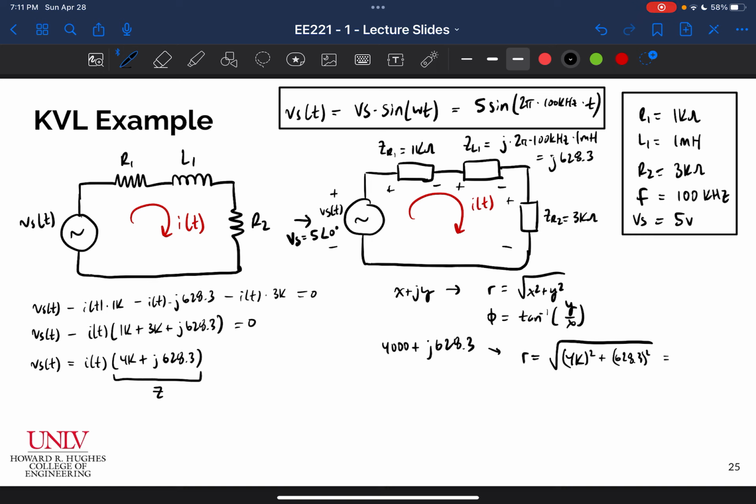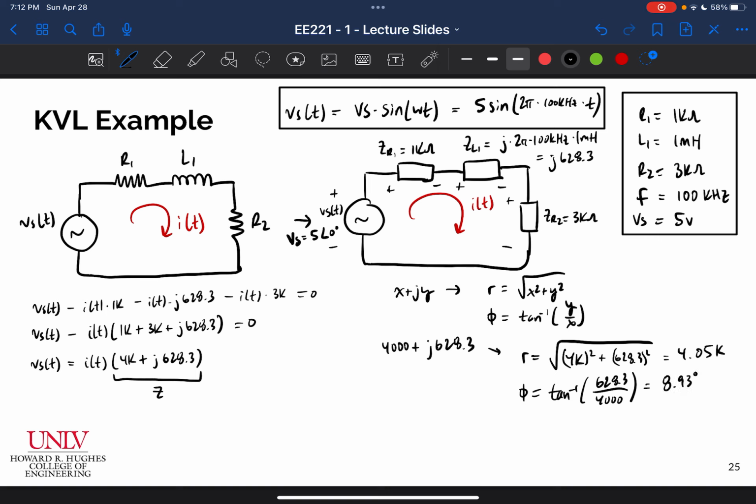That gives me basically 4.05K, I'm rounding here. And then my phi is going to be the tan inverse of 628.3 divided by 4,000. Make sure you're in degrees mode when you do this, otherwise it's going to give a value in radians. I take the tan inverse of 628.3 divided by 4,000 and I get 8.926 degrees, so let's round to 8.93 degrees.